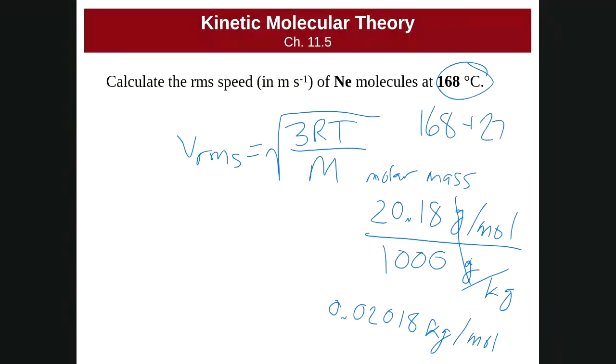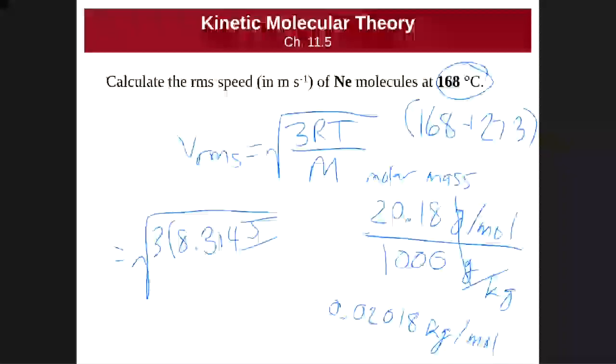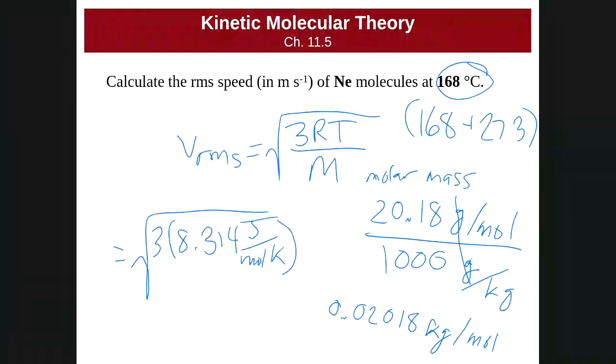So if we plug in everything, we're going to get the square root of 3 times our new R, which is 8.314 joules per mole Kelvin, times our temperature here, 168 plus 273.